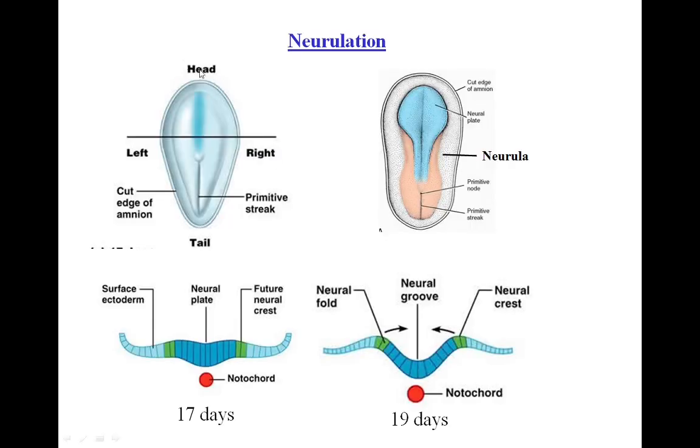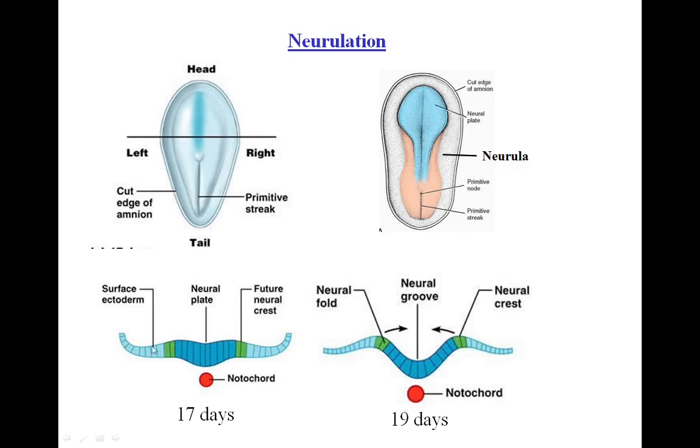Now here you can see the embryonic plate, and in the embryonic plate the primitive streak is still there. They have shown the primitive streak, which will regress later on, and this is the primitive node. If you take the cross section here, you can see the notochord. Just over the notochord, the ectodermal cells will be thickened and become columnar, and it is known as the neural plate.